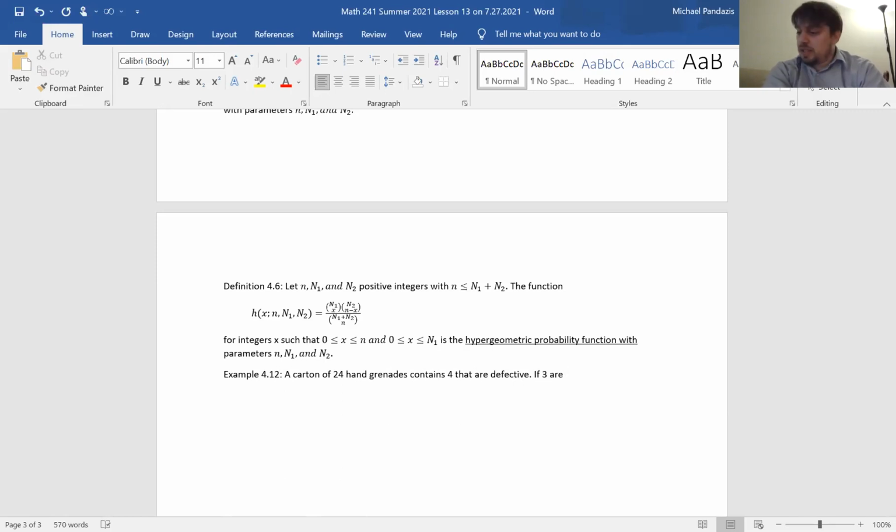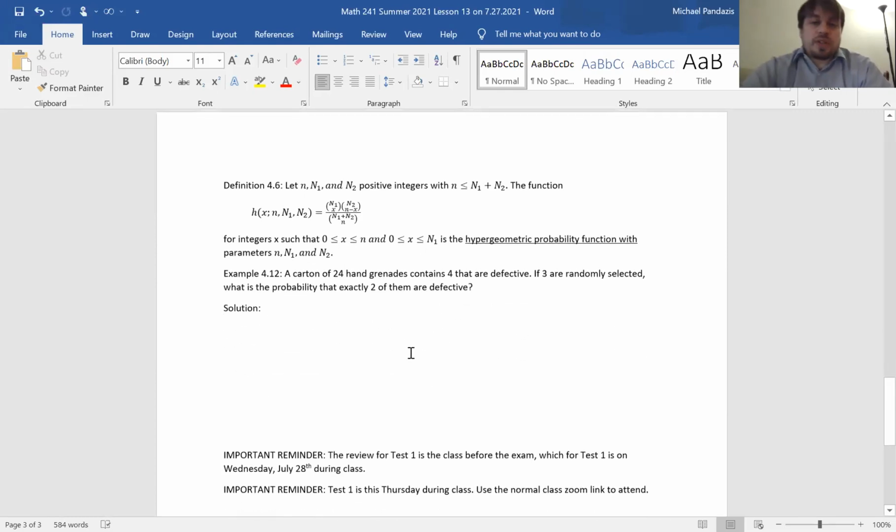If 3 are randomly selected, what is the probability that exactly 2 of them are defective? Okay, so a carton of 24 hand grenades contains 4 that are defective. If 3 are randomly selected, what's the probability that exactly 2 of them are defective?